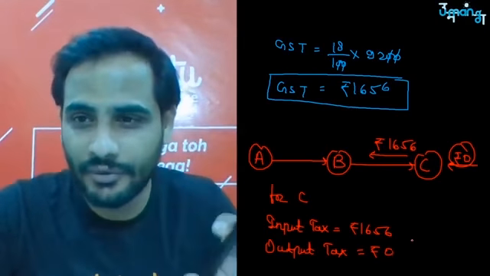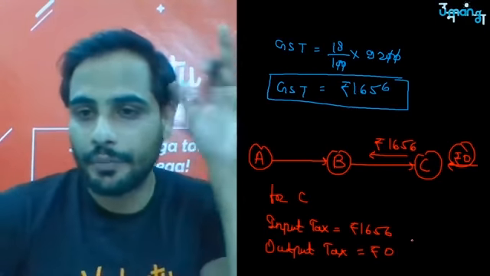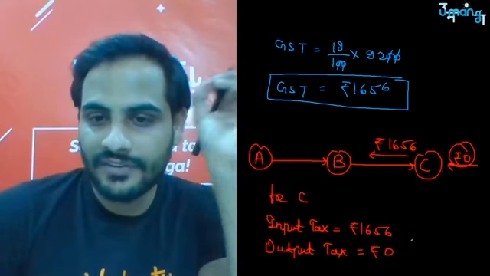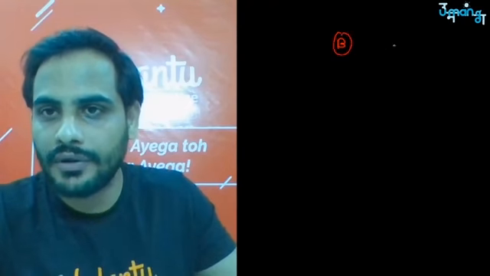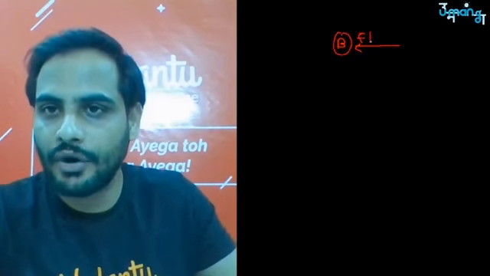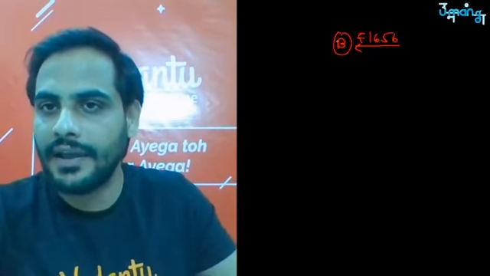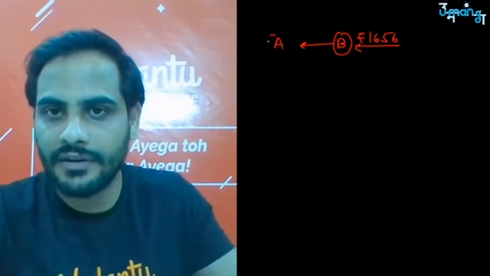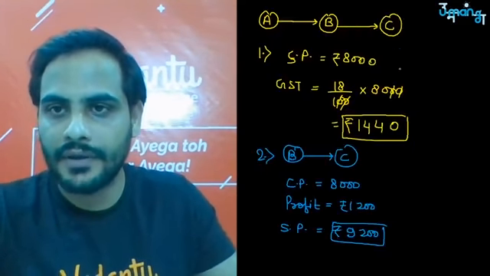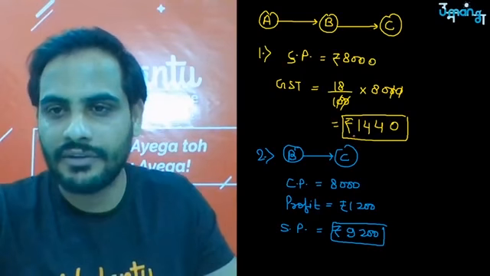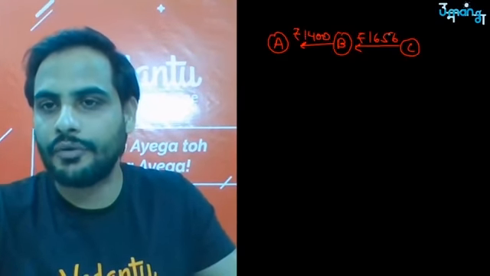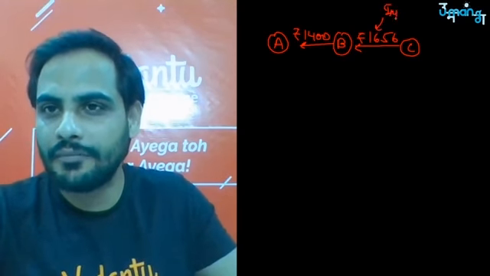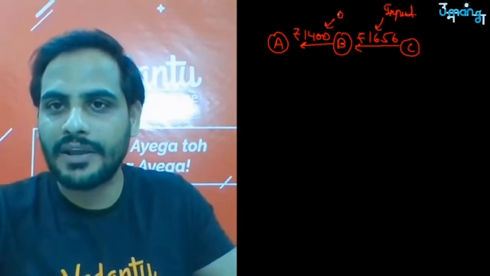So for C, input tax will be rupees 1656 and output tax will be rupees 0. And same way for B, B has got rupees 1656 here as the output tax, and B has given to A 1440. So rupees 1440, for B, this becomes input, and for C, this becomes output.